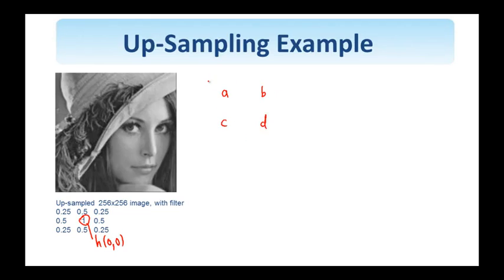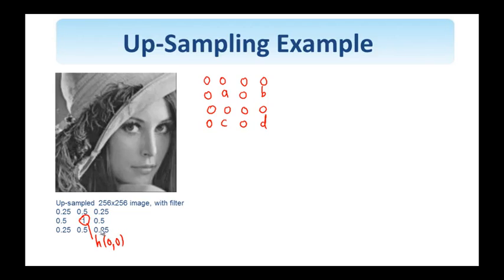As we saw, the first step is to introduce rows and columns of zeros. And the idea of the interpolation is to change these values of 0 to some other values.